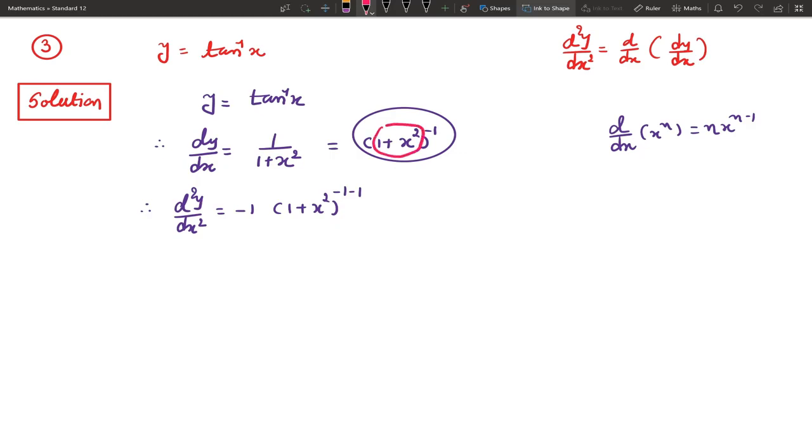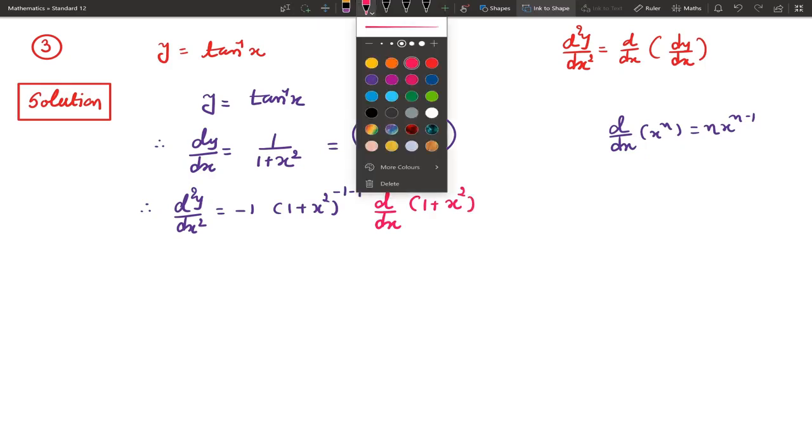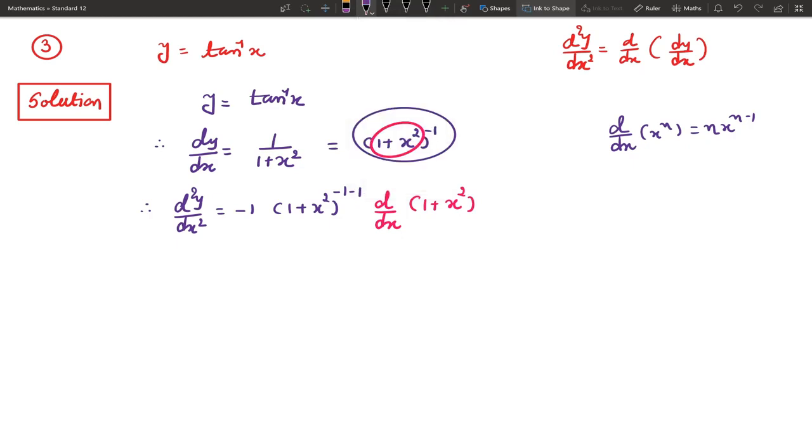So since inside it is a function of x, by chain rule d by dx of 1 plus x square. This is because of chain rule. Now we simplify, and at the same time we differentiate. This is minus 1 plus x square raised to minus 2.